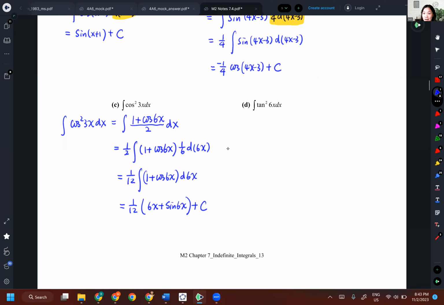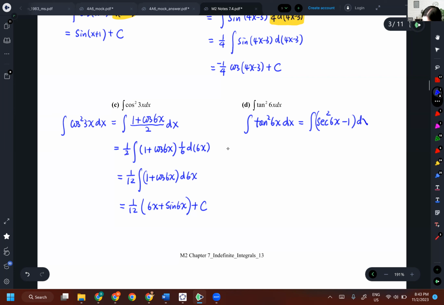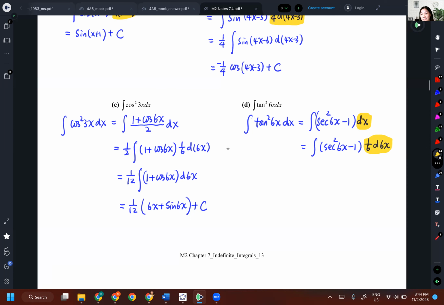Last one before the classwork. Tangent square. First, you will change it to secant square minus 1. And then you will change the variable: 1 over 6 d6x, and then you take out 1 over 6.